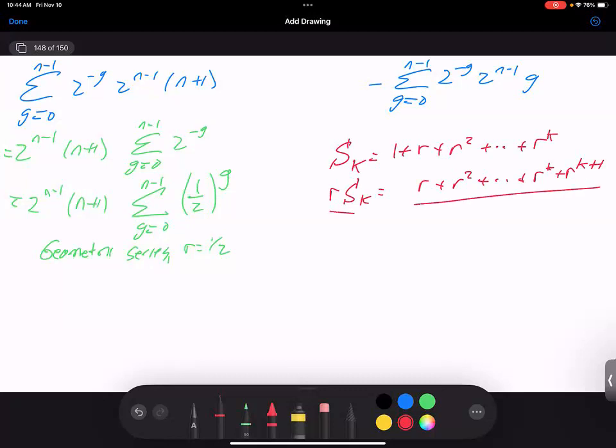And now if I subtract, I get 1 minus r times Sk equals 1 minus r to the k plus 1. So Sk is just 1 minus r to the k plus 1 over 1 minus r. So we can use that to evaluate this. So this piece is just going to be 2 to the n minus 1, n plus 1. And now we're using the finite geometric series formula. What would k equal if we want to use this, and what would r equal?